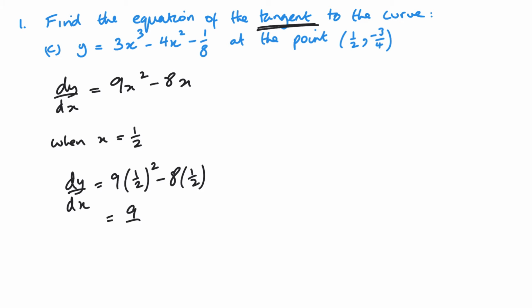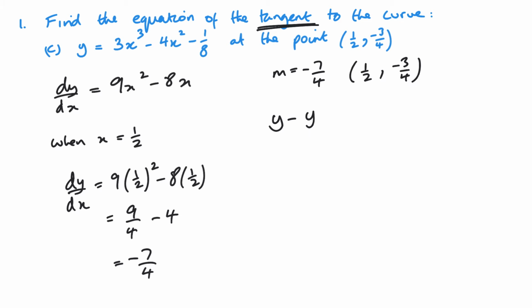So this is 9 over 4 minus 4, and this will give me a negative 7 over 4. And that's my gradient. So my gradient is minus 7 over 4. And my x and y coordinates are a half and minus 3/4. So y minus y1 equals m(x minus x1). So we have y minus 3/4.